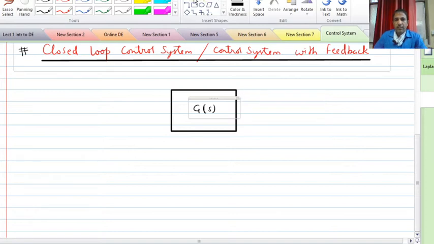This G(s) is the forward path transfer function.